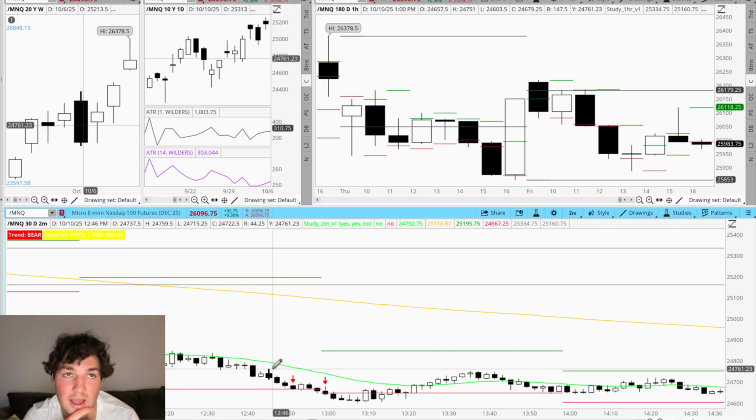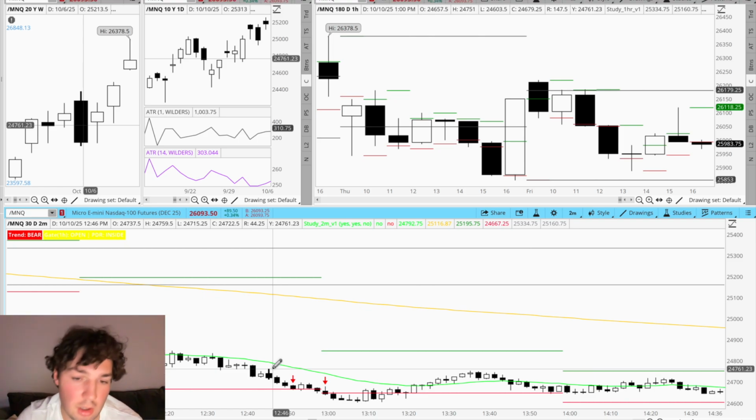But on red folder days the average ATR is higher, and in the first 30 to 90 minutes is when the biggest moves typically happen.